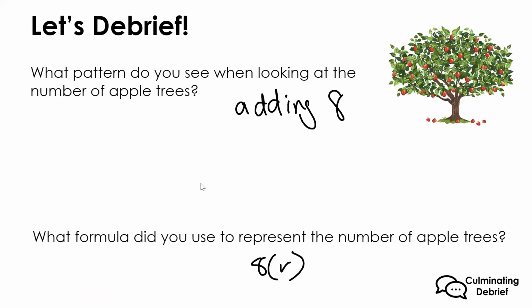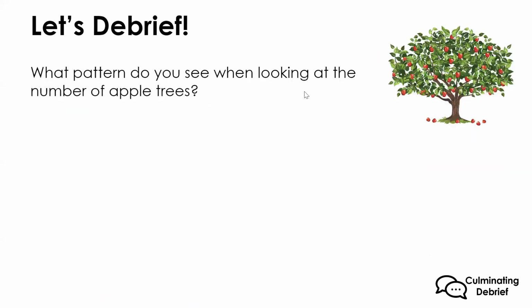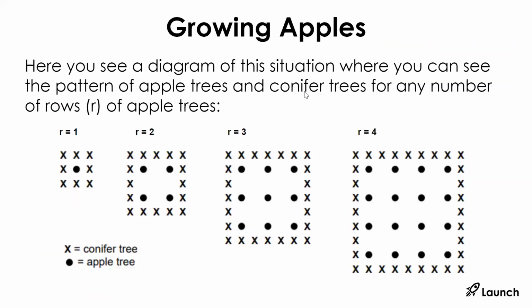All right, let's talk about the apple trees. What pattern did you see with the apple trees? We start off with 1, then we went to 4, then we went to 9, and then 16.